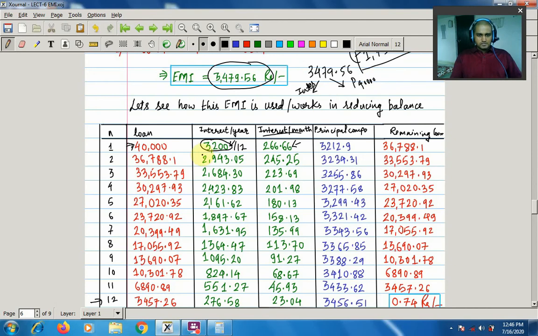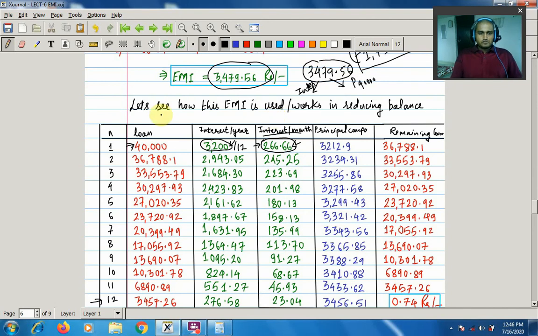This is how we are calculating interest paid to the bank on 40,000. I have calculated interest for 1 year using the simple interest method and divided by 12 in order to find the monthly installment. So this much amount I will pay to the bank as interest on 40,000 out of this EMI.